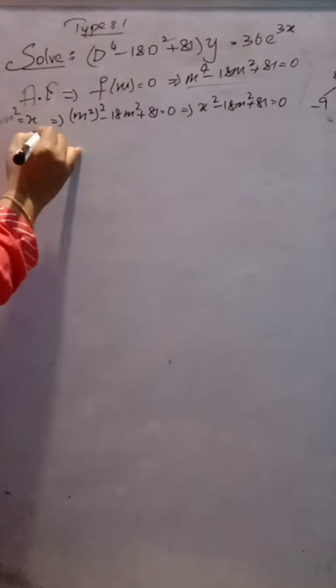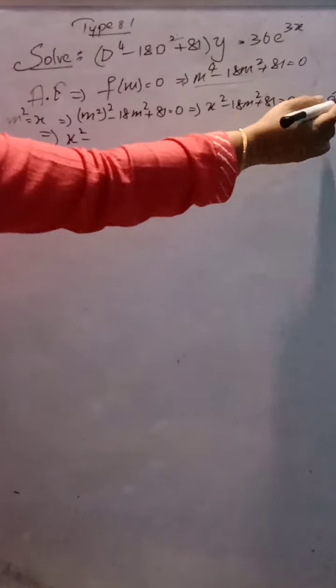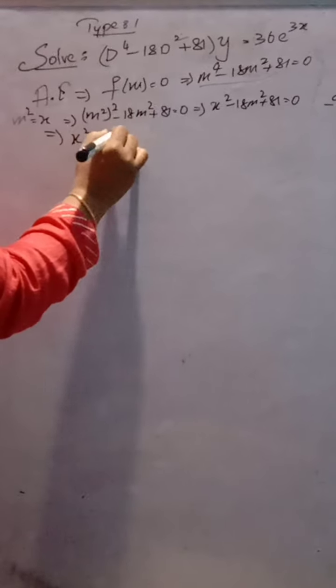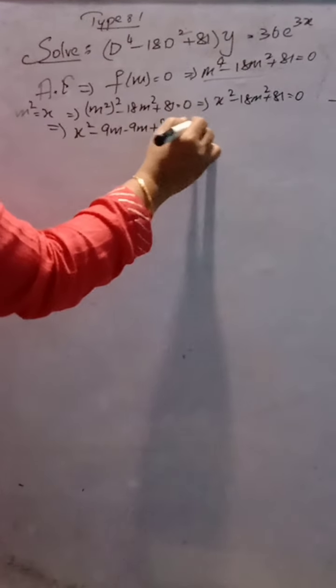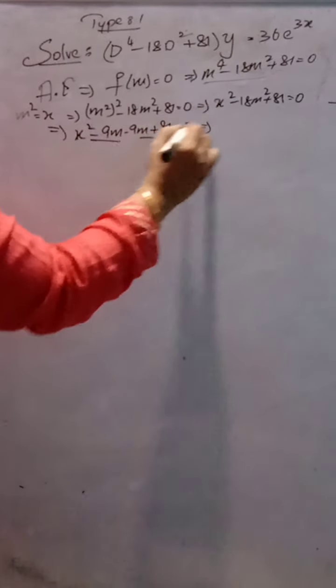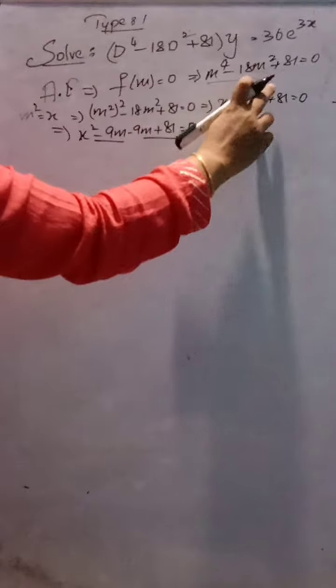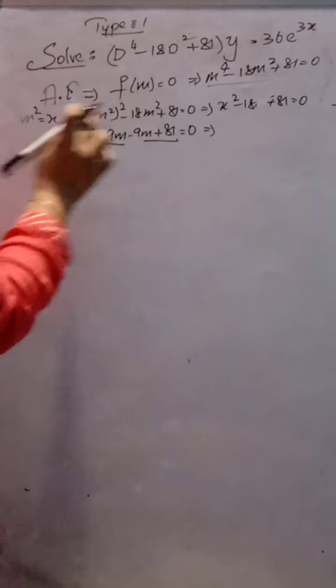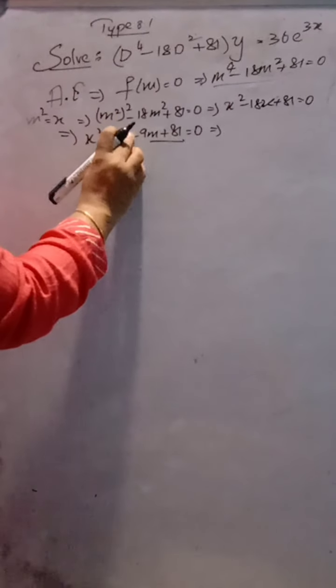So applying the splitting of the middle term, we get x square minus 9x minus 9x plus 81 equal to 0. There is no m here; instead I put x, because m square is replaced by x.